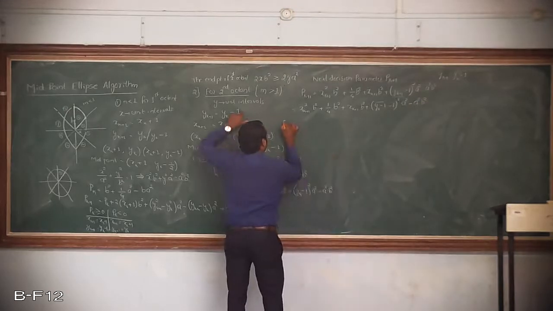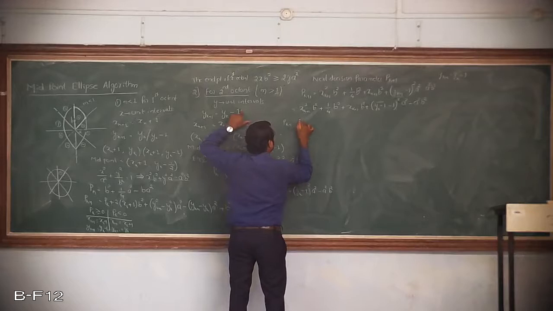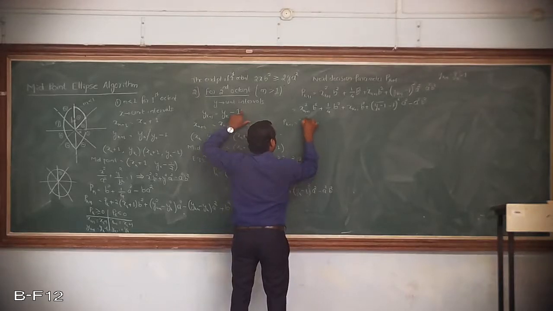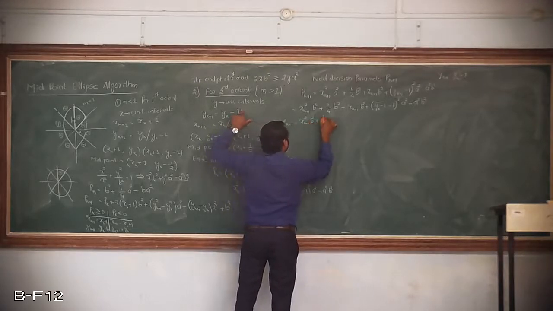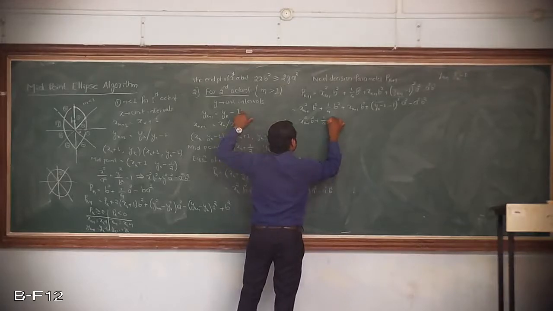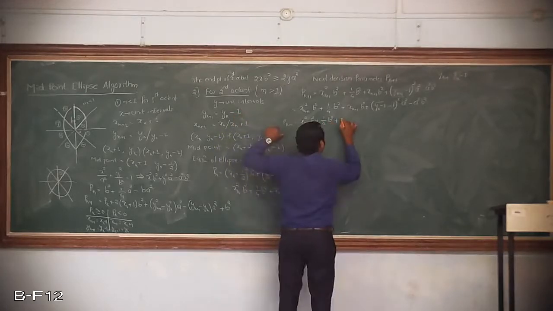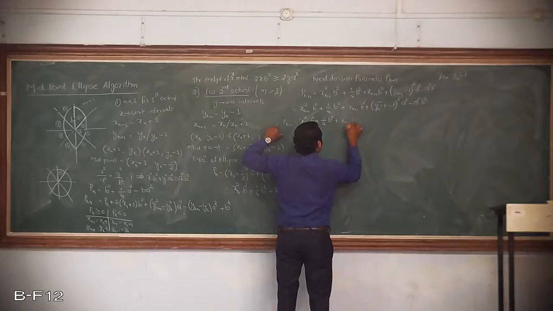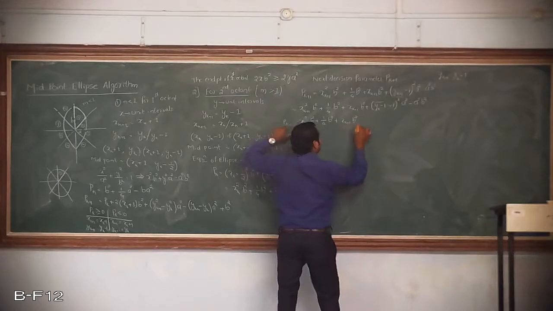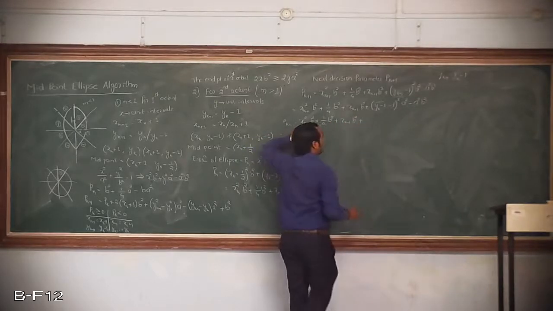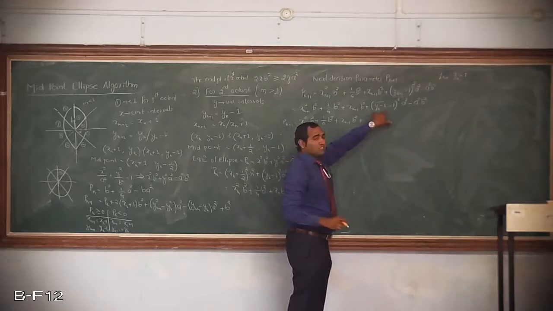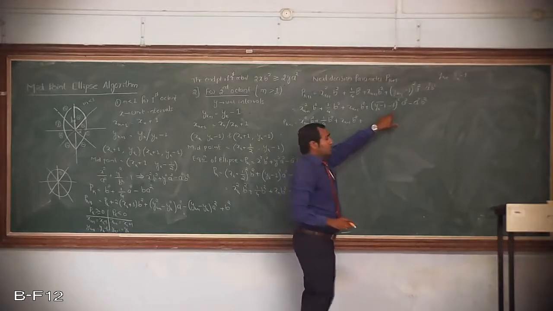So pk+1 is (xk+1)² b² + 1/4 b² + (xk+1) b² + it is in the form of a − b. I will take this as a and this term as b.